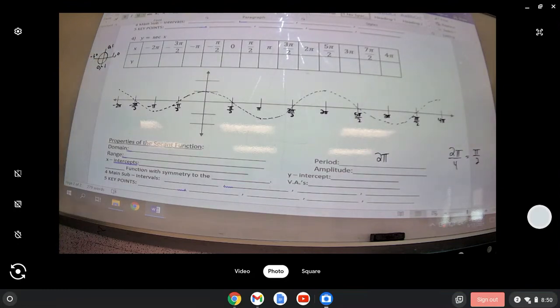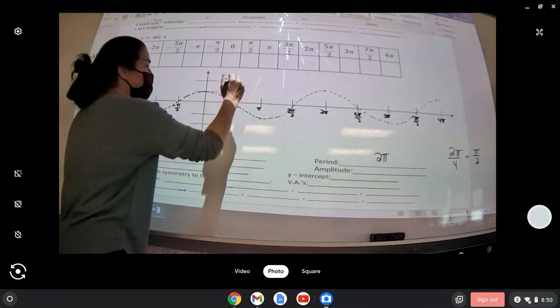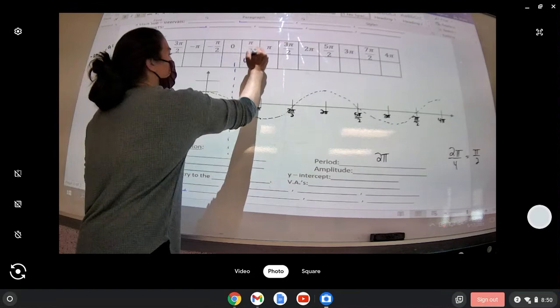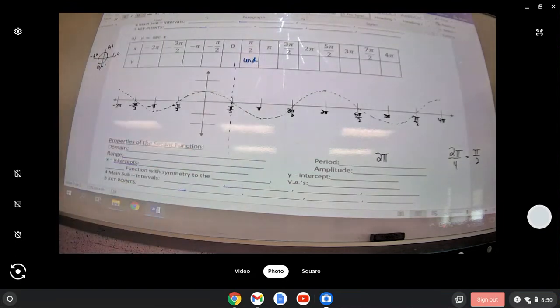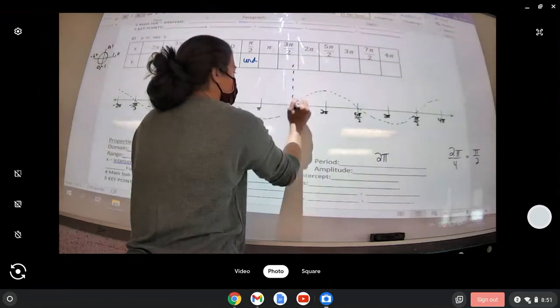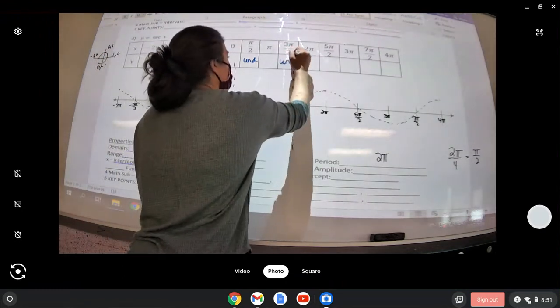All right, so let's put our asymptotes in. If this hits 0, that's an asymptote, right? The secant of pi over 2, at pi over 2, guys, the x-coordinate was 0. So that's the cosine of pi over 2, but the secant is the reciprocal of 0, which is undefined. All right, we had an x-intercept at 3 pi over 2, so that's going to be an asymptote.